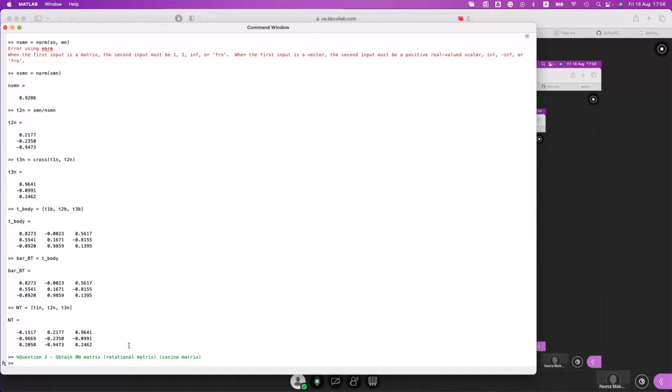Okay. So we want to obtain our bar Bn matrix. Remember, it's an estimation, so that's why I have the bar on top, which is equal to, from our formula, the matrix bar BT.